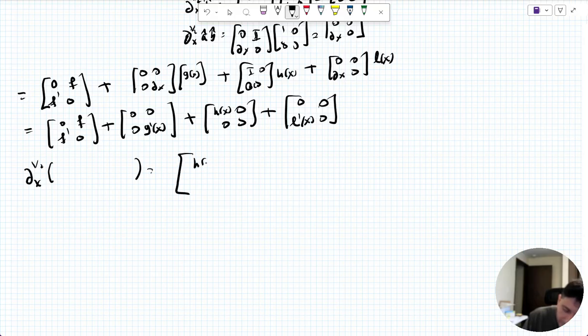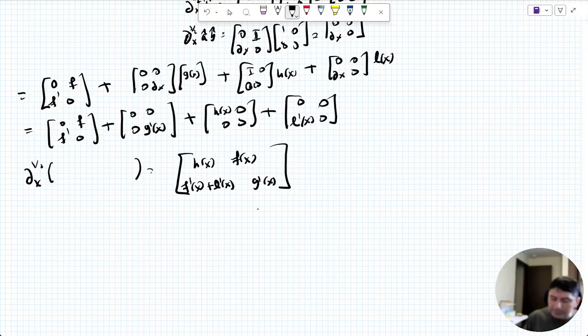So h of x, f of x, right, f prime of x plus L prime of x and then g prime of x, basically. So that is the definition of the fractional derivative of a generic term.